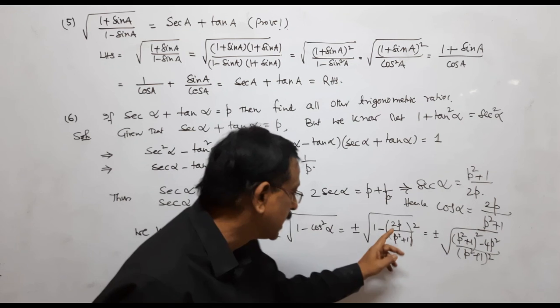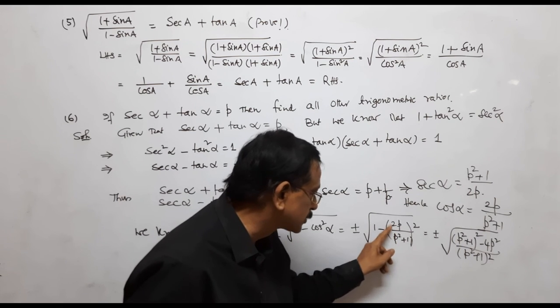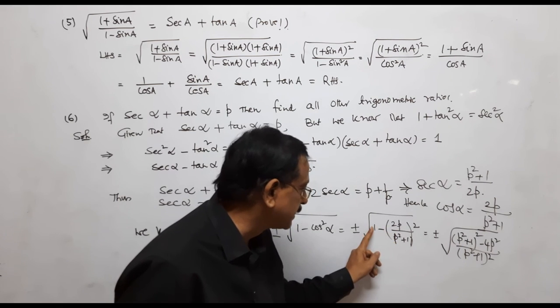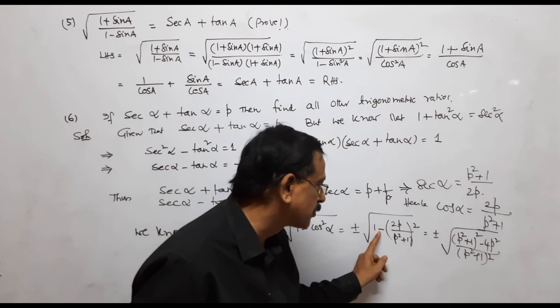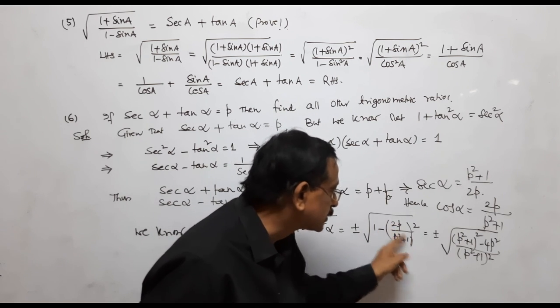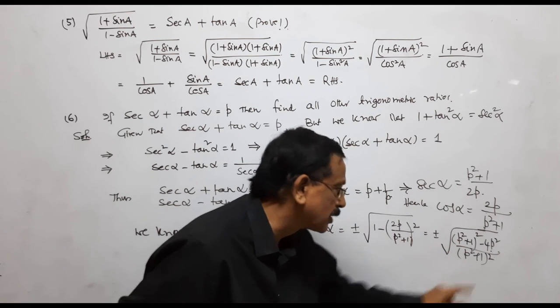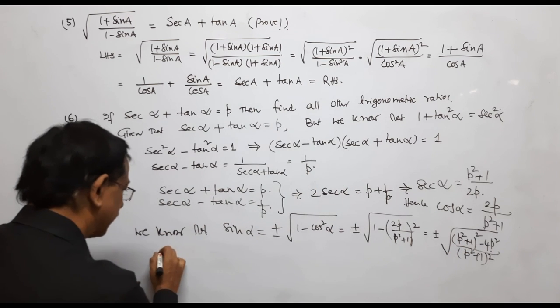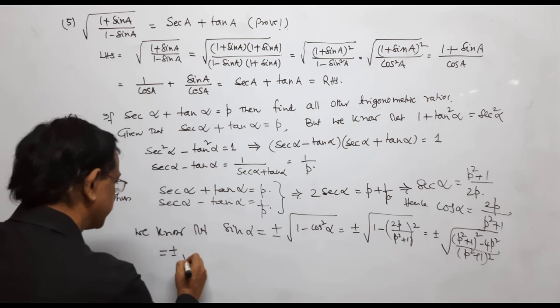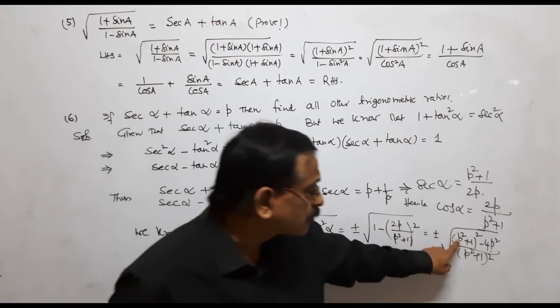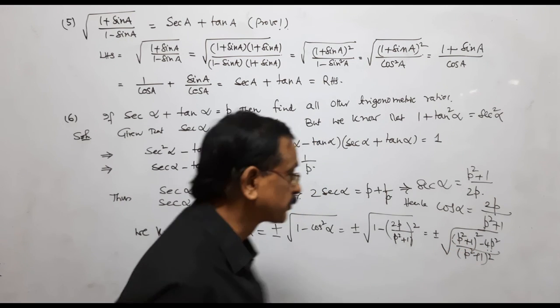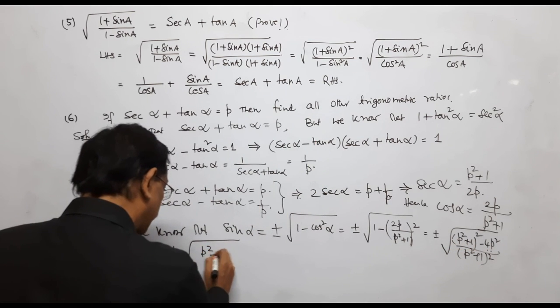Carefully observe this. I'm simplifying this. 1 minus a square by b square is nothing but b square minus a square by b square. That means (P square plus 1) whole square minus (2P) whole square over (P square plus 1) whole square, which is equal to plus or minus root of (P square plus 1) whole square minus 4P square, which is (P square minus 1) whole square.